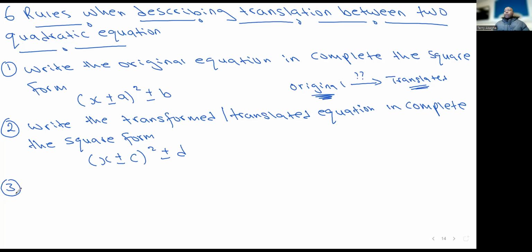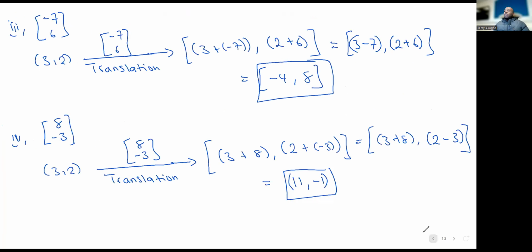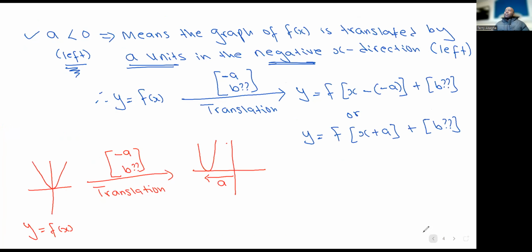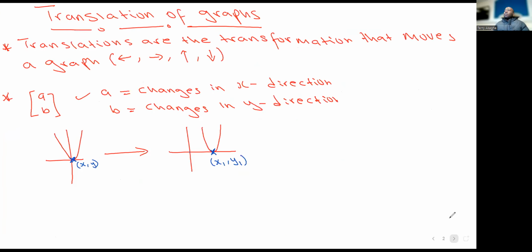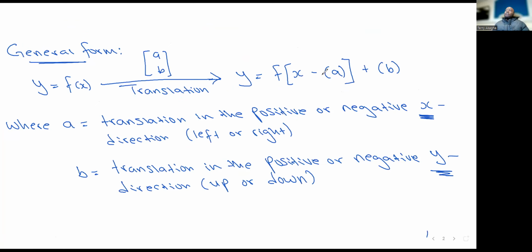Number 3, when you've done that, you have to rewrite step 1 in the general translated form. Remember the general translated form, I told you that immediately after x, you must have a minus. So if you go back to the general translated form, you have minus after the x. Are you seeing it?